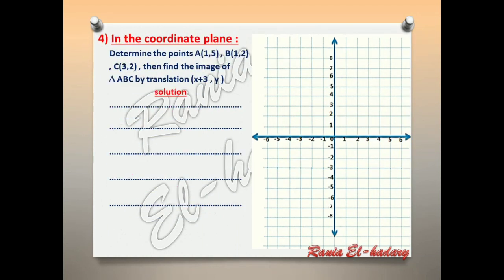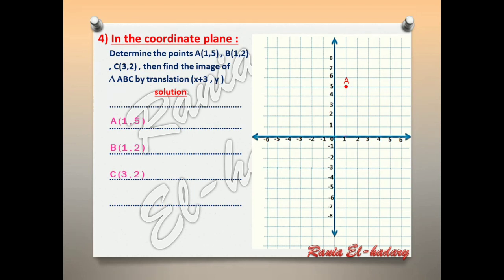Number 4. In the coordinate plane, determine the points A, B, C, then find the image of triangle ABC by translation x plus 3 and y. First, write the points and put them on the lattice. (1, 5) is the point A. Letter B is (1, 2).